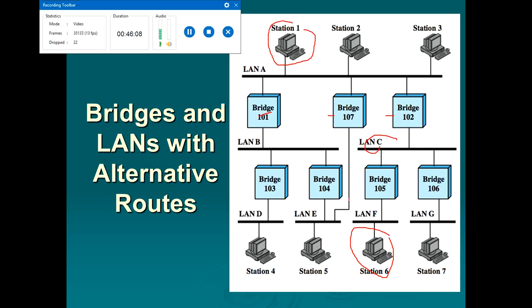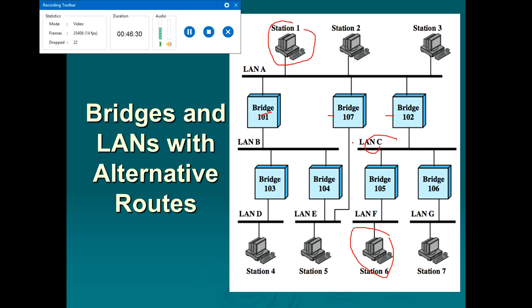So if station 1, which is on LAN A, wants to transmit a frame to station 5, which is on LAN E, then either bridge 101 or bridge 107 can forward the frame.